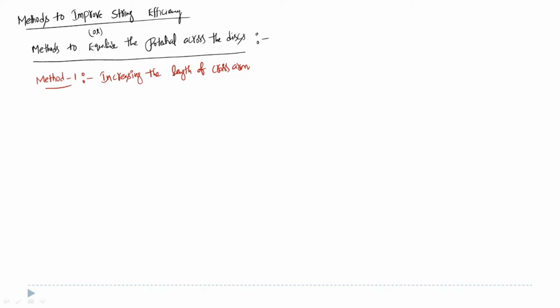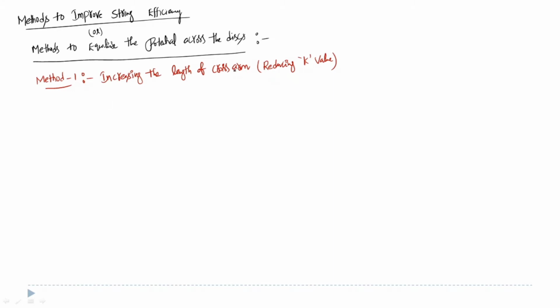Okay, now increasing the length of the cross arm makes the K value reduced, right? So this method is also termed as reducing K value. Either reducing K value or increasing the length of the cross arm, both are the same.